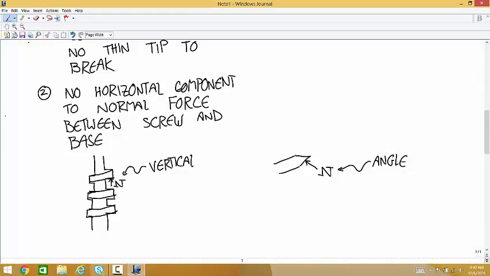And so that's important because Newton's third law says there's an equal and opposite normal force applied to the base.